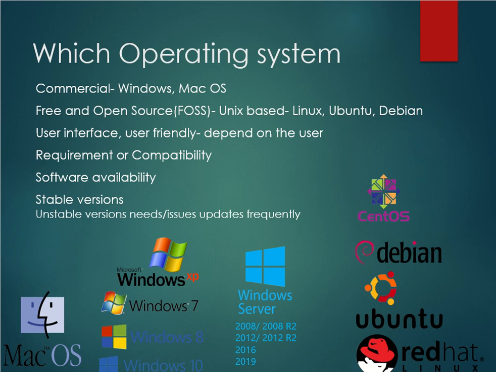So in that situation, instead of trying to find a serial or trying to install that Office package again, you can simply download a free and open source Office package. They also provide the latest technology or the features available in those Windows based Office packages. And stable versions.